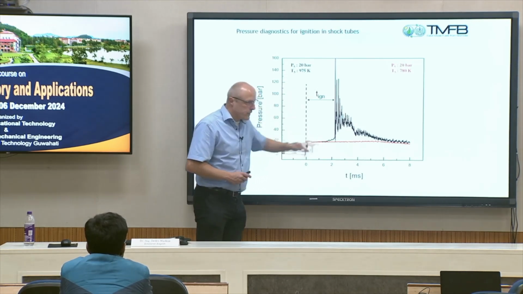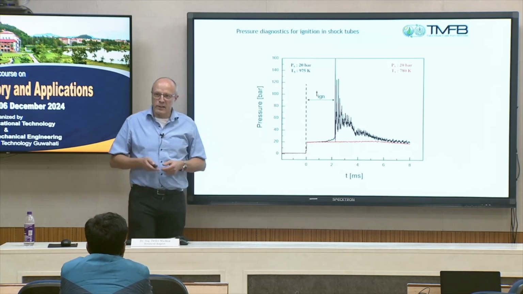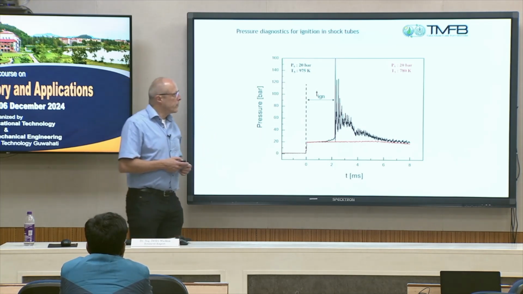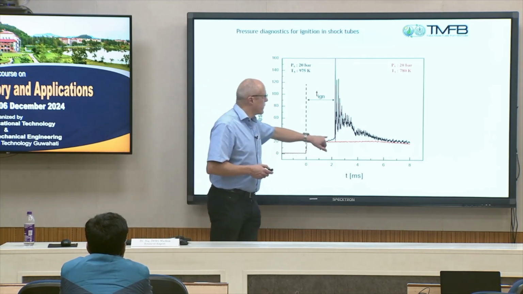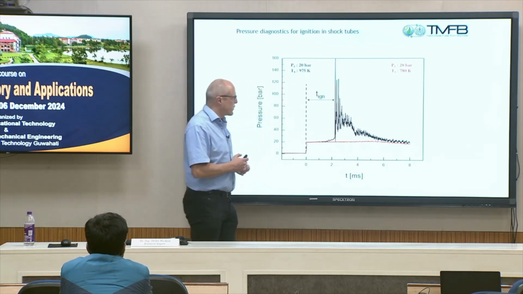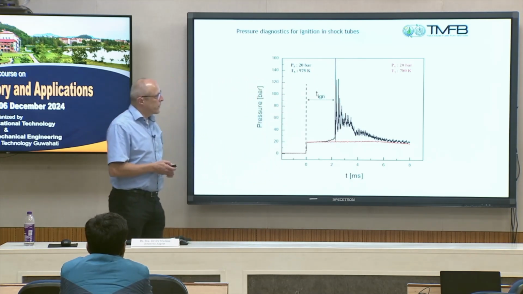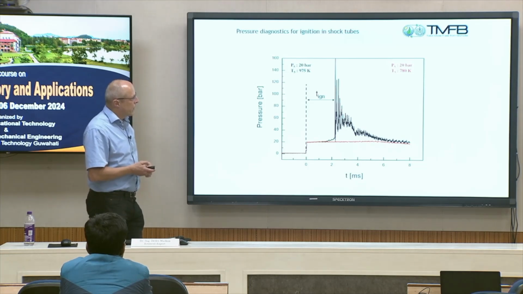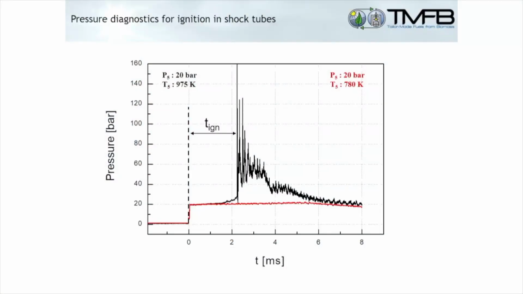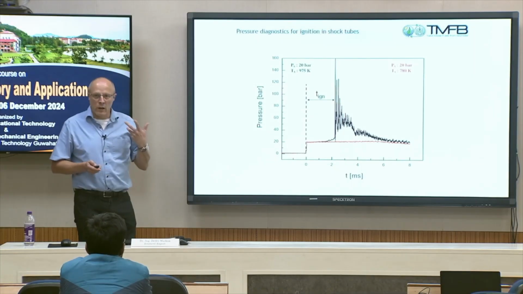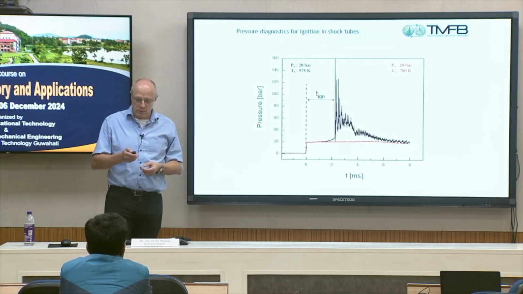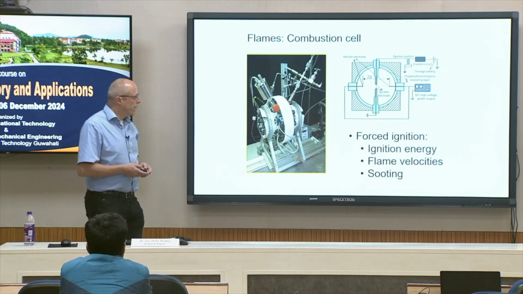Then it takes some time until chemistry decides, okay, I want to ignite, and we can then see a sudden pressure rise. The outcome is then the ignition delay time for this experiment, depending on our initial conditions before ignition.